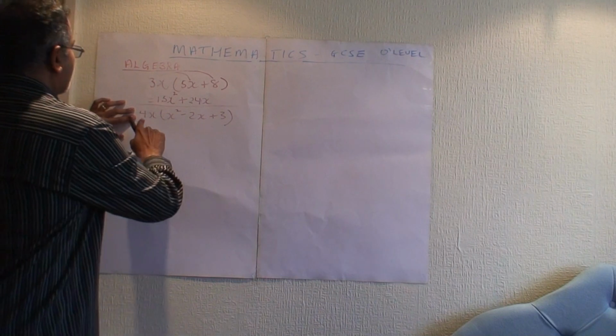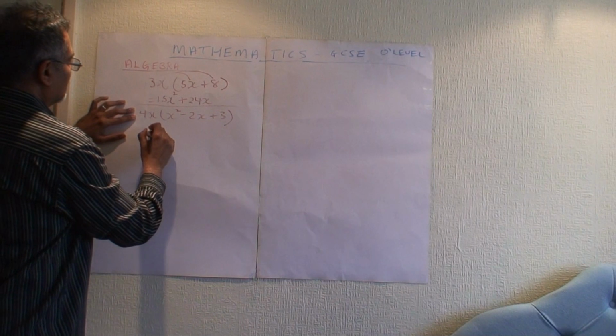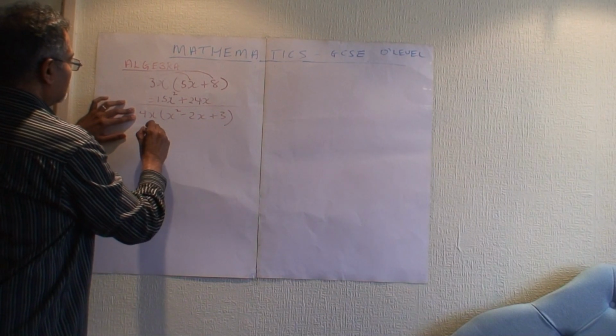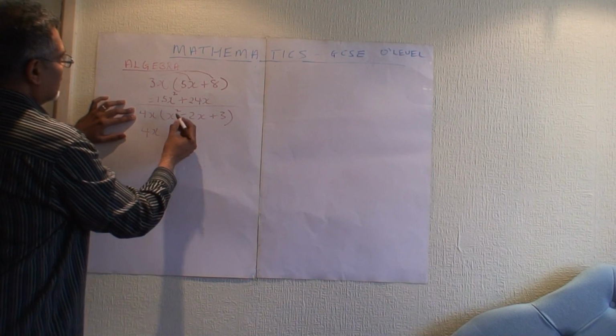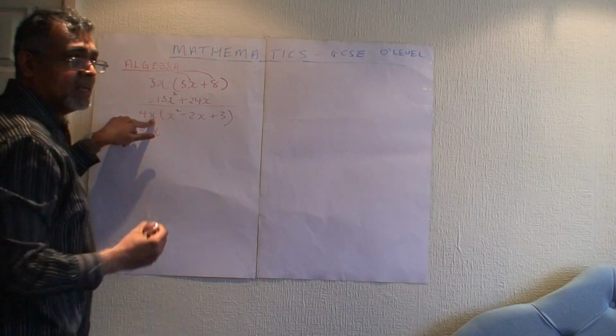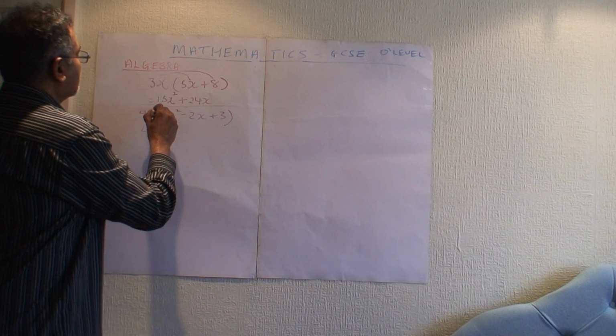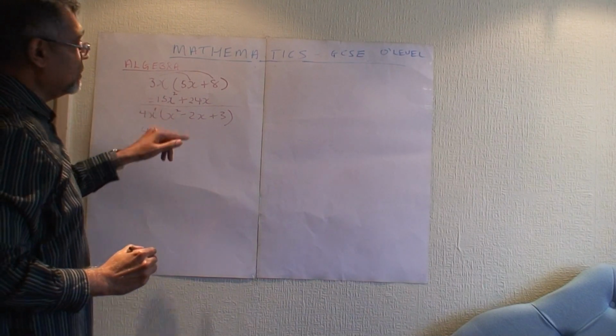So we have 4x multiplied by x squared. That is 4x, but there's an x here with an implied power of 1, so we add the powers.